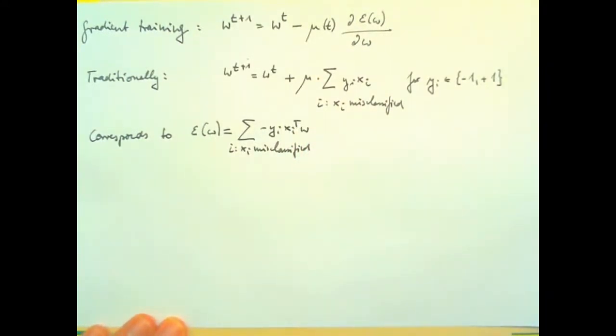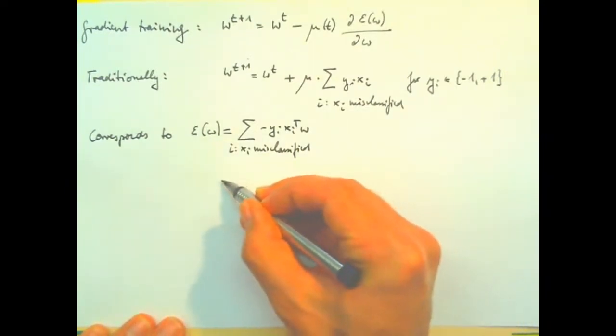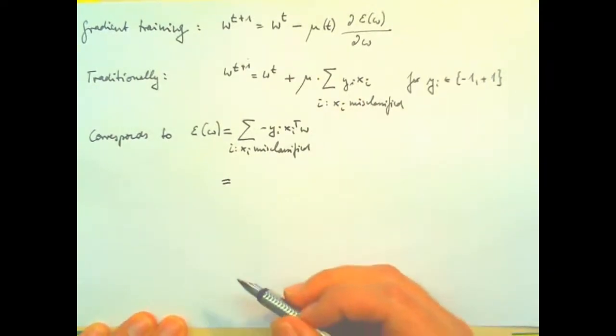Back in those days it wasn't called that, but today people have a name for it, and they call this the central hinge loss.